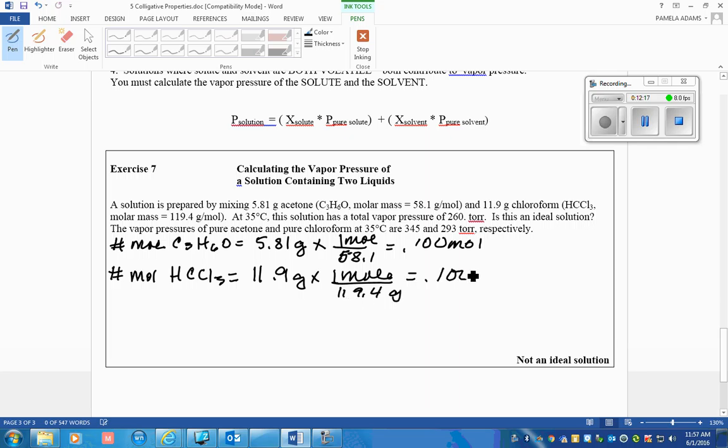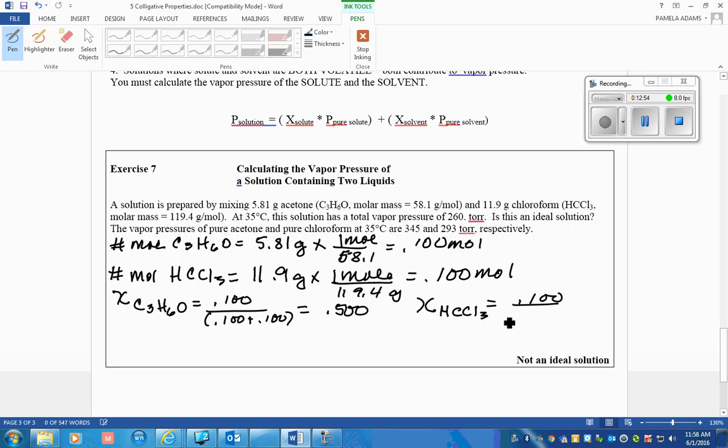And there's also 0.1 mole of the chloroform. So the way to then proceed is to figure out the mole fractions of each. So we have 0.1 mole of the acetone over the moles of acetone plus the moles of chloroform, and we can see that will give us a mole fraction of 0.5. And we can also see that that's what's going to happen with the chloroform as well.